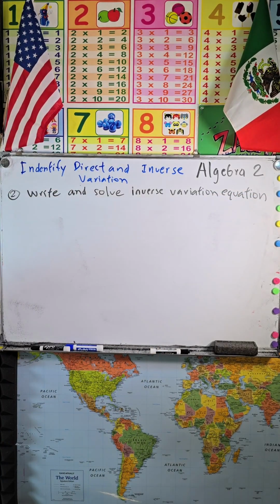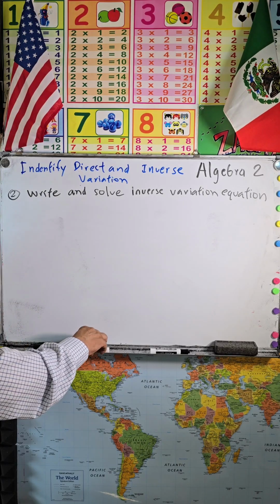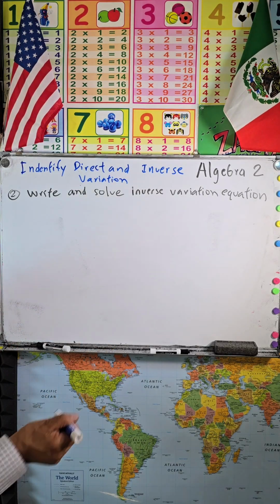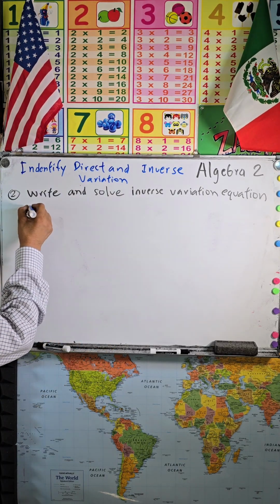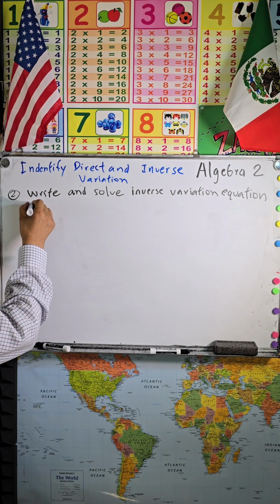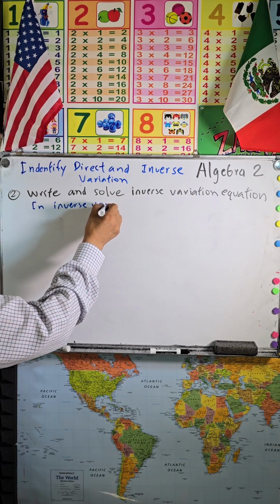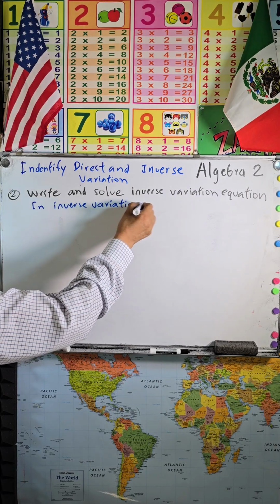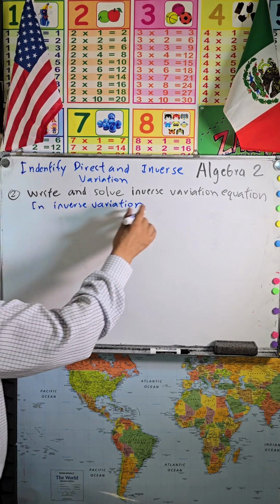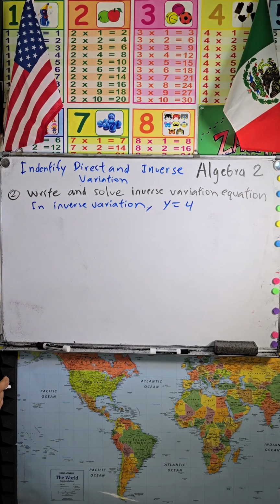Okay, in this section, an inverse variation. Remember, let me write the problem. An inverse variation: let's write y equals 4. Look at this with numbers.